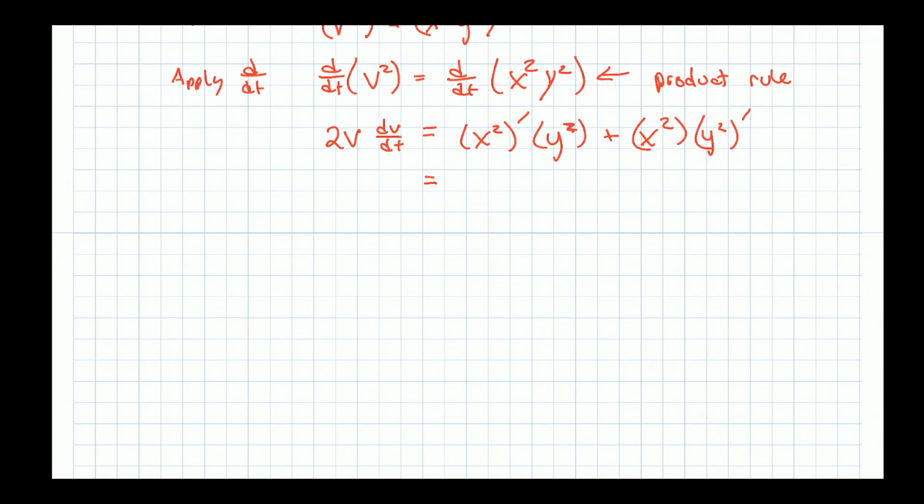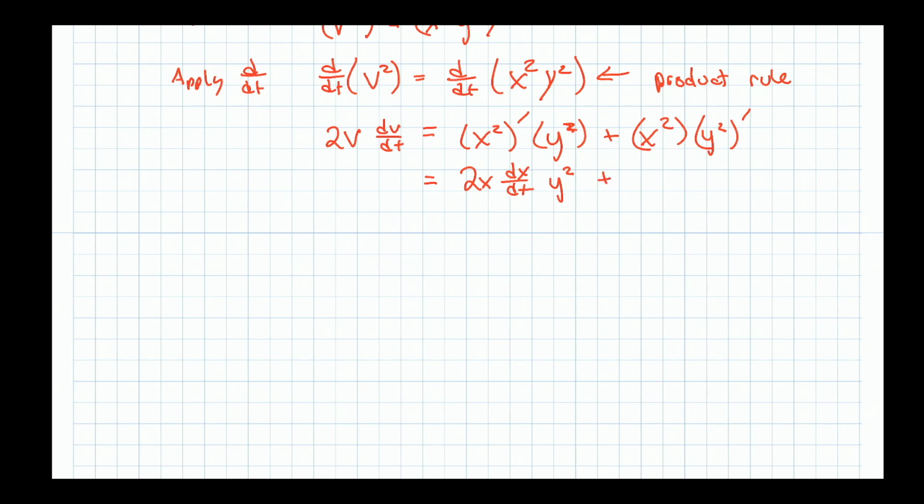So the derivative of x squared is 2x, but I just took the derivative of an x function, so dx dt, and then y squared. There's no dy dt here because the part that I was taking the derivative of was an x variable, not a y variable. There's a y, but I wasn't taking the derivative of it. So you don't add a dy dt unless you just took the derivative of a y.